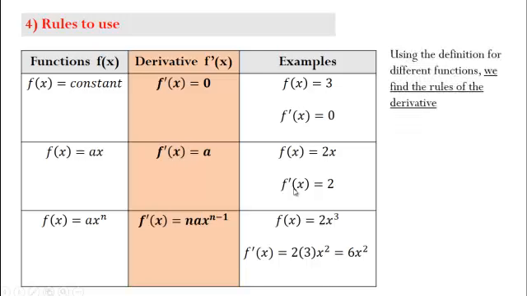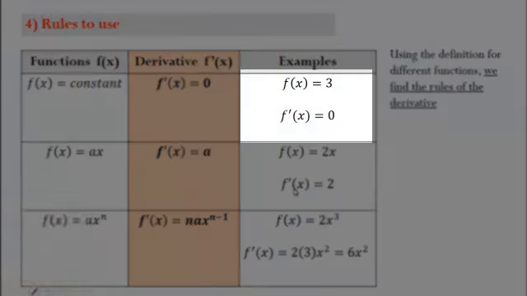Now in this part we'll talk about the derivative as rules. So how to calculate the derivative. Here we have many rules. We'll talk about 3 rules, and for the rest we also have examples. So if f(x) is equal to a constant, then f prime of x is equal to 0.